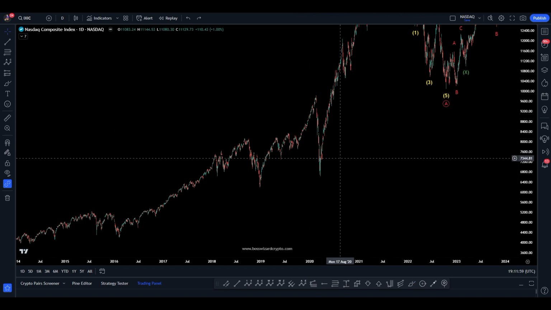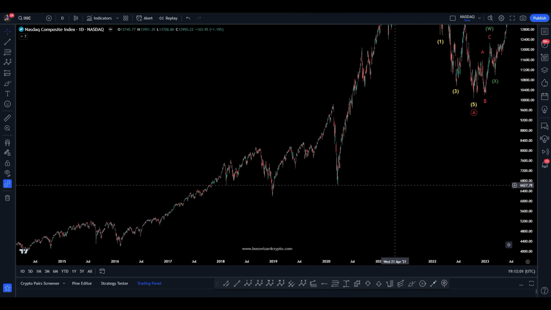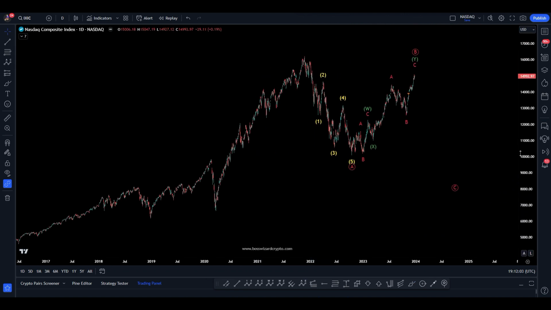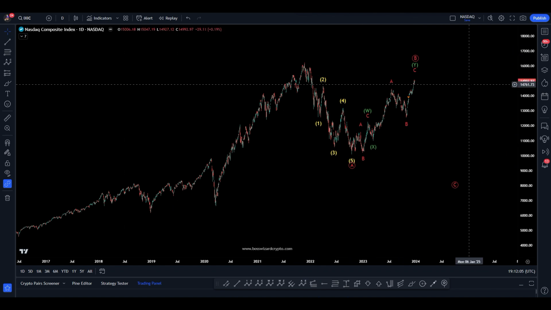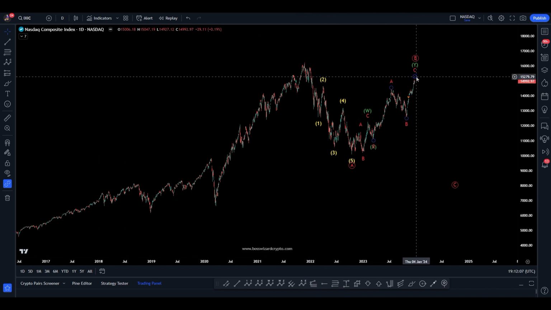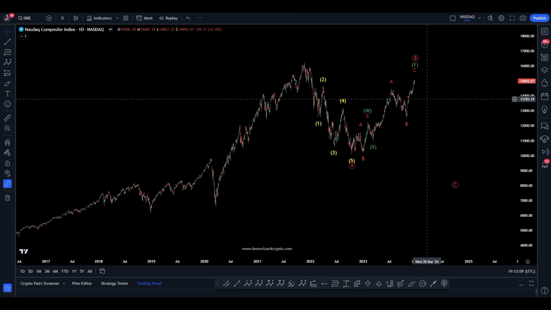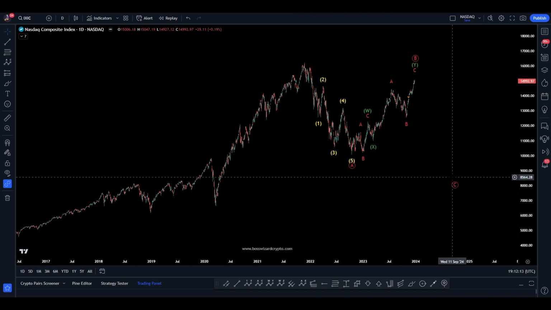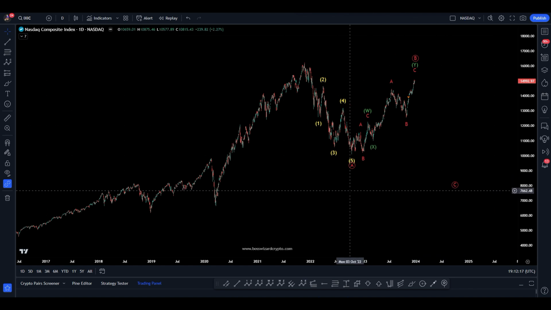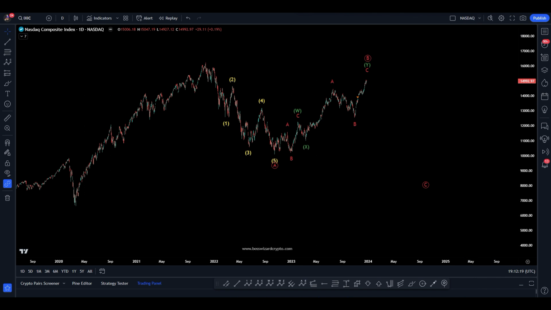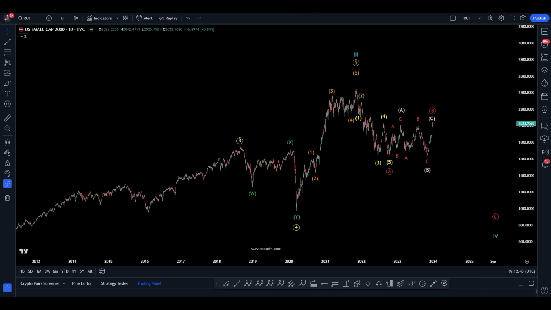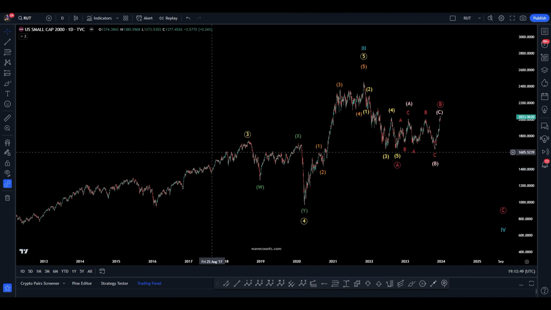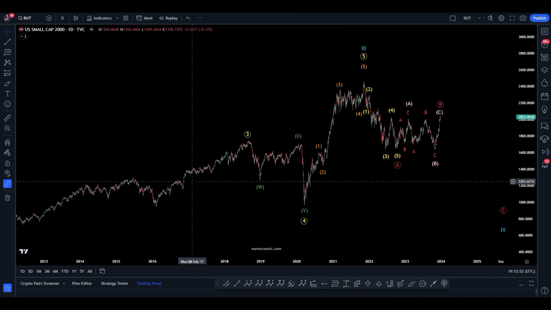So on this large time frame, you can't be expecting the S&P to shoot off into a third of a third while the Dow shoots down into a C wave into the depths of hell. Just not going to be a thing that happens. All right, let's look at the Russell. Agrees that we're different from the S&P and the Dow, that the Nasdaq and the Russell both share, right?